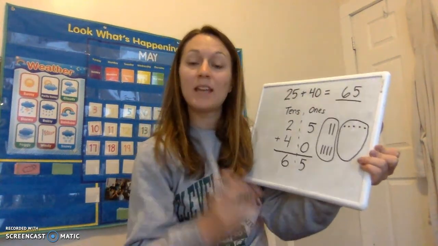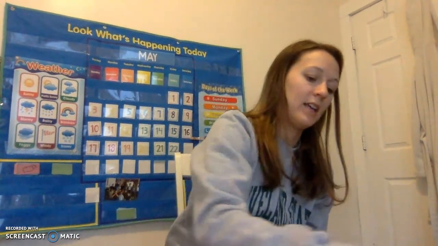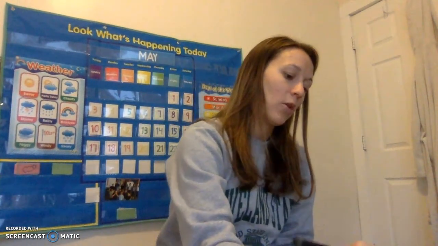Nice job. Now let's try it with subtraction. So our subtraction I can statement is I can subtract a multiple of 10 from a two-digit number. Again, just like we practiced yesterday, I'm going to set it up side by side and we're going to change it to up and down, or we can say horizontal to vertical.